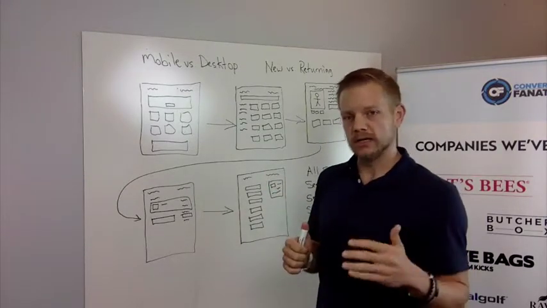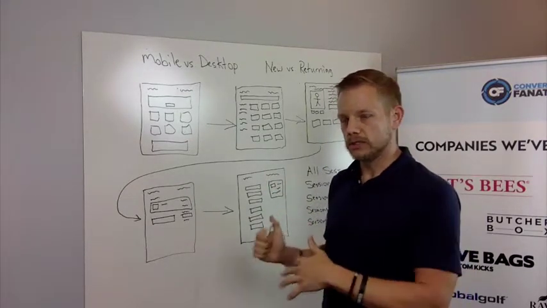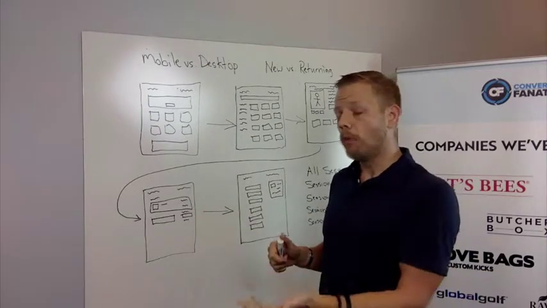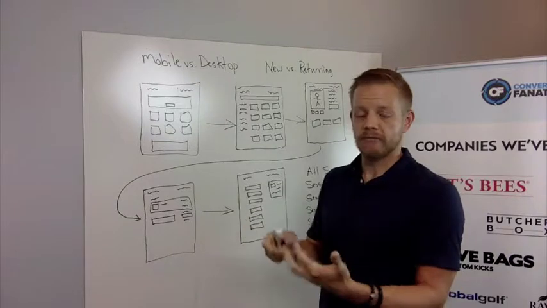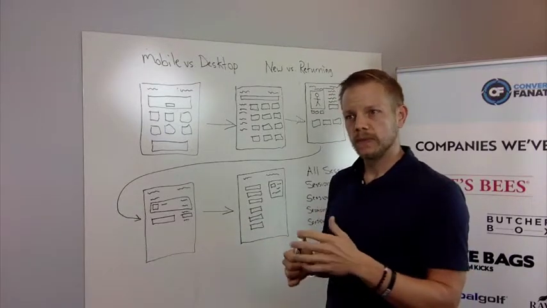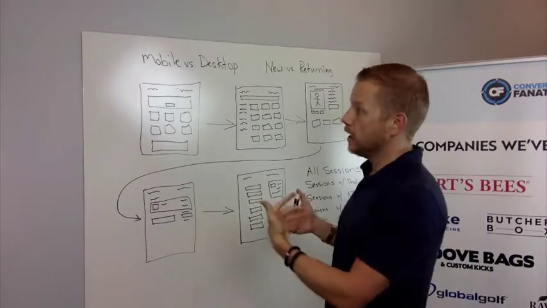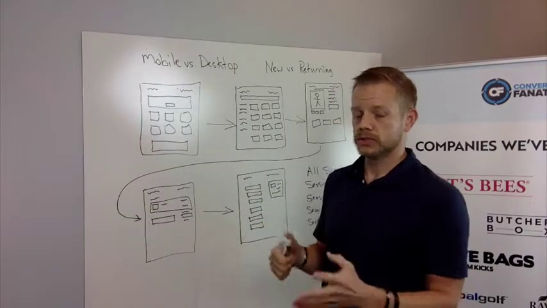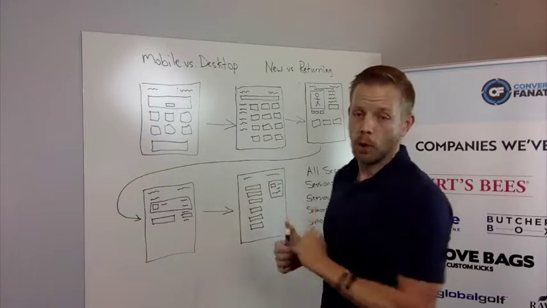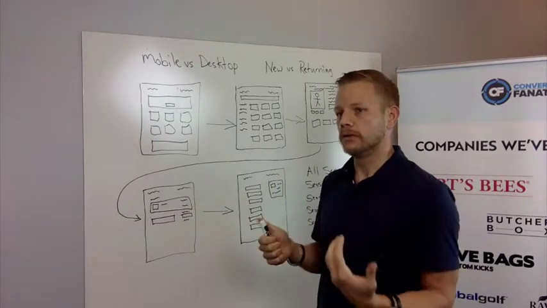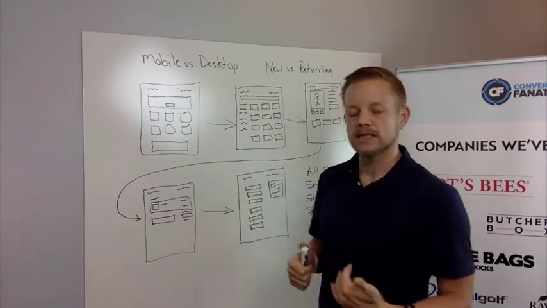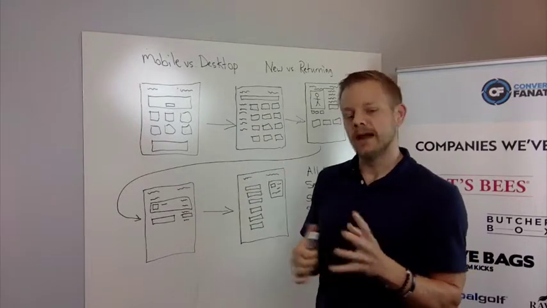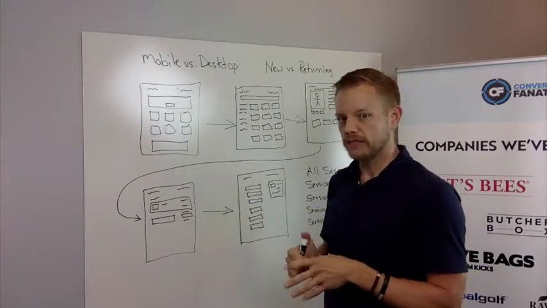Maybe the page per session is low on mobile versus desktop, but maybe the majority of your revenue is still on mobile, or maybe you find out that your average order value based on your analytical data is much lower, $20, $30 in some cases lower on mobile than desktop. So we're going to want to focus on the mobile experience rather than the desktop experience as a whole, because the mobile or the desktop experience, a lot of those elements will eventually transfer.